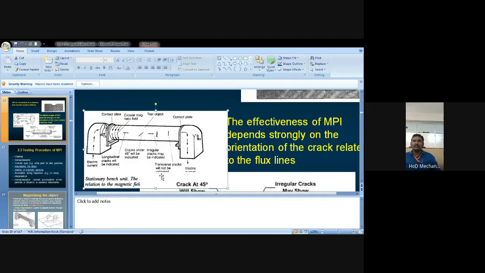The transverse crack will not be detected using magnetic particles. An irregular crack may be indicated, and a crack at 45 degrees is also indicated by this magnetic particle inspection.